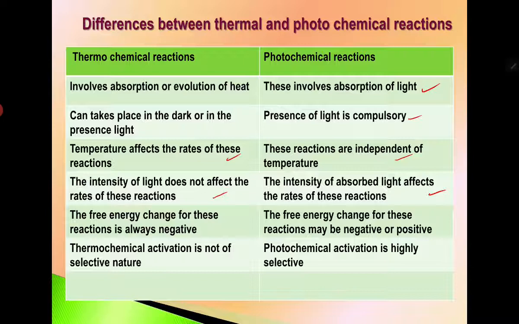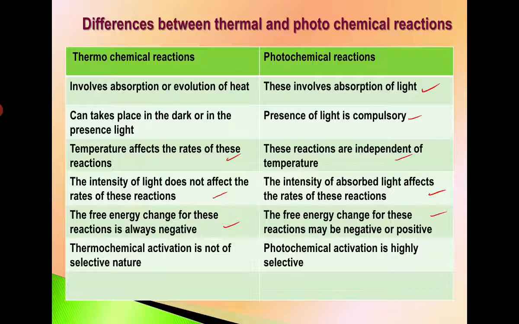In thermal reactions, the free energy change is always negative, but in photochemical reactions it may be negative or positive. That is, the free energy change of a photochemical reaction may vary with the reaction.